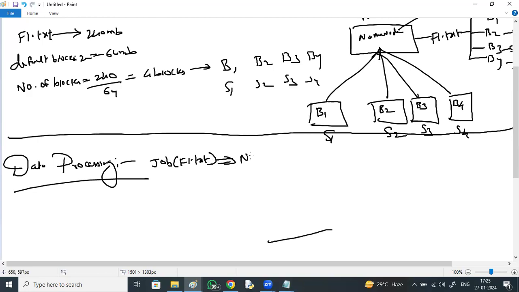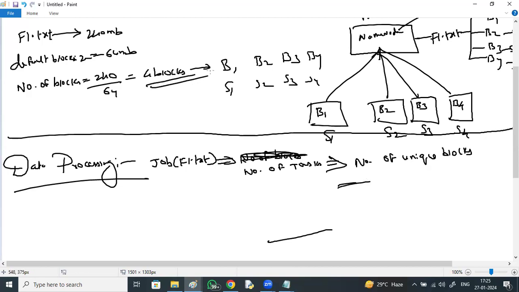A job is always divided into tasks. Sorry, a job is always divided into tasks, a number of tasks. The number of tasks always depends on the number of unique blocks. How many unique blocks here? 4 blocks.